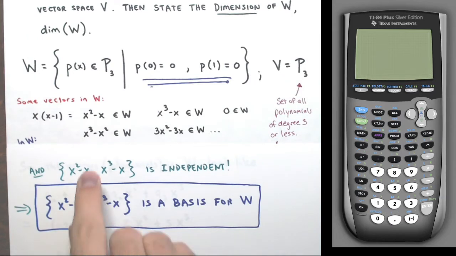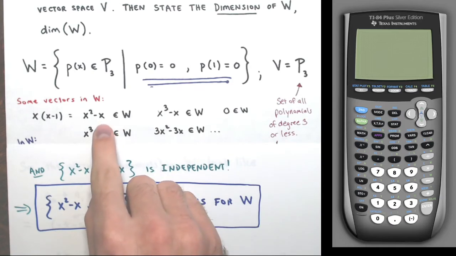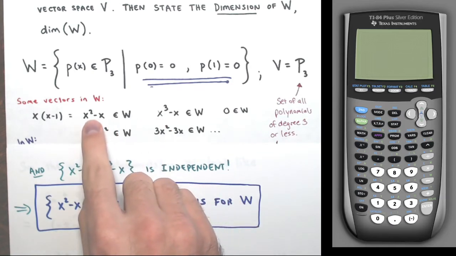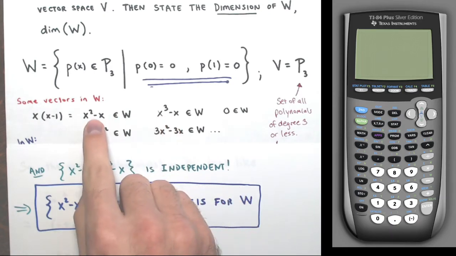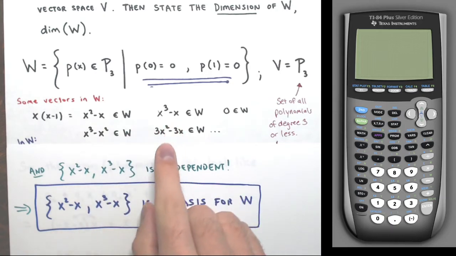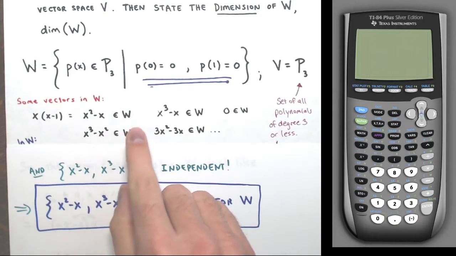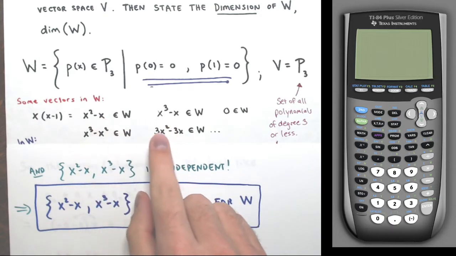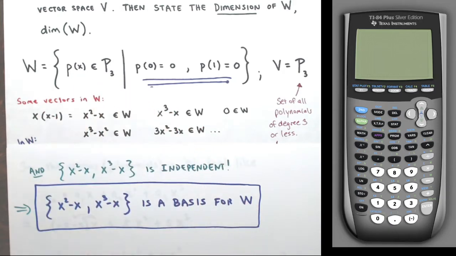So you see here, there they are right there, x squared minus x, x cubed minus x, right? And I could take this vector here minus this vector here and get this, right? Again, let's just take a linear combination of these two to get this. Take none of this plus 3 of that and get this, right? Again, every vector in W is built from these two, if that makes sense, right? They're like the building blocks.